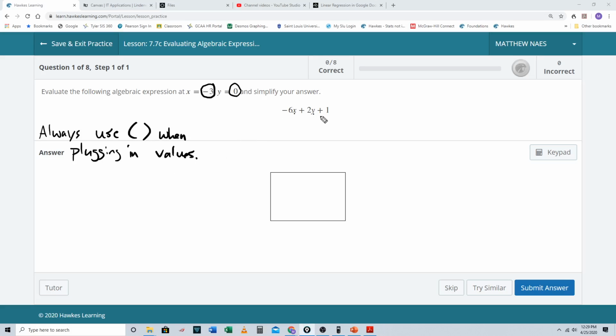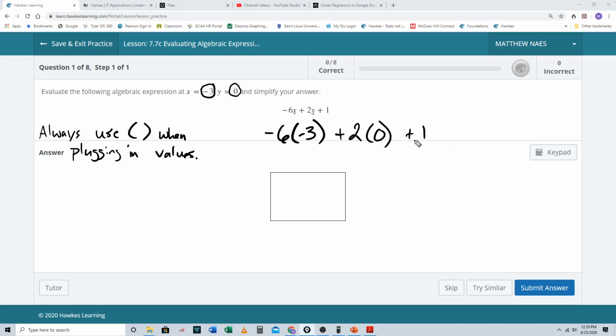So when I plug in the -3 for x, instead of x, I'm going to do parentheses, -3. We get +2, and instead of y, we have parentheses, 0. And then no variable here, so we just bring down the +1.